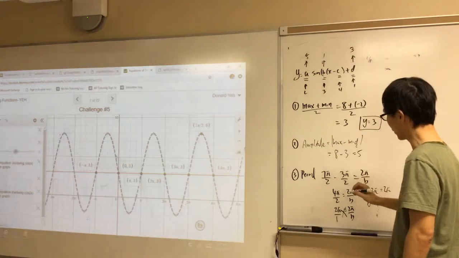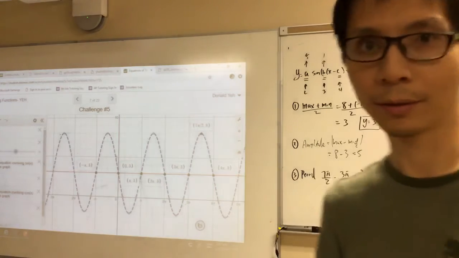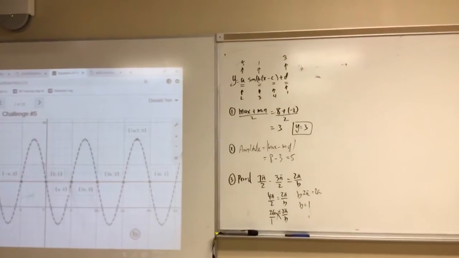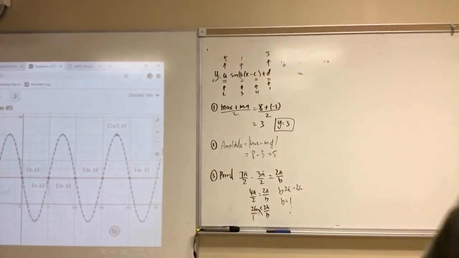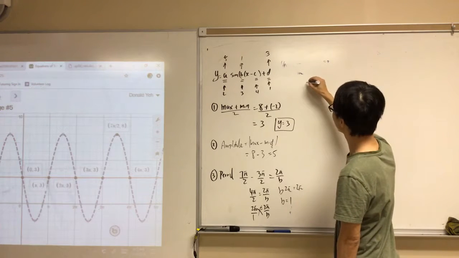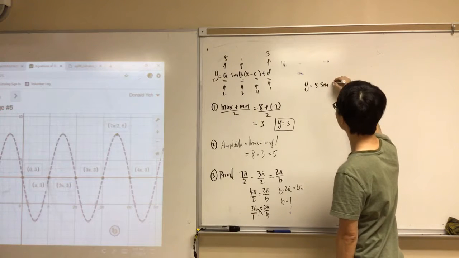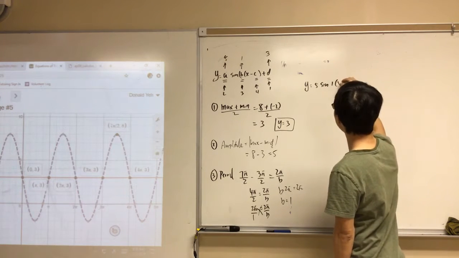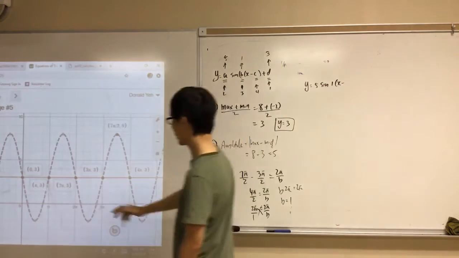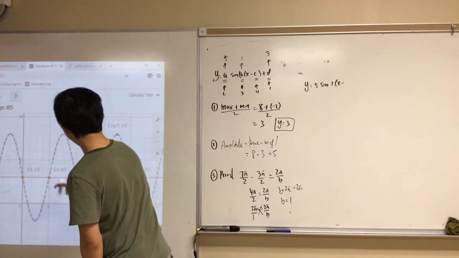So what I'm going to do is write out y is equal to 5 sine of 1 of x minus, if I go back to look at that point here, which is what? It's pi, right?